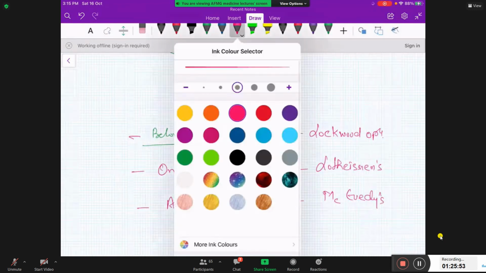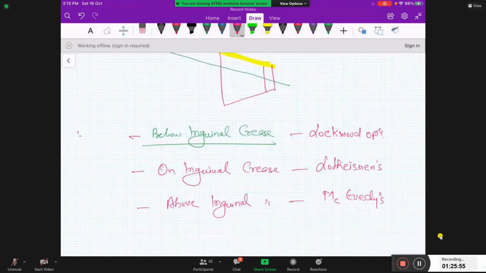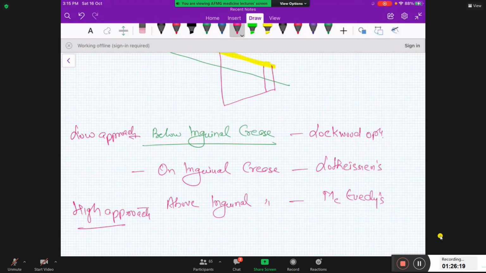So this is called the low approach. And this is also called the high approach. Lockwood operation.